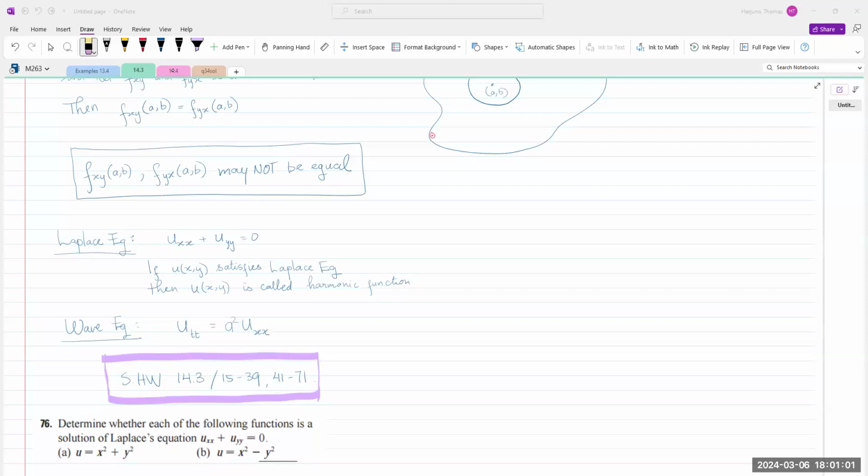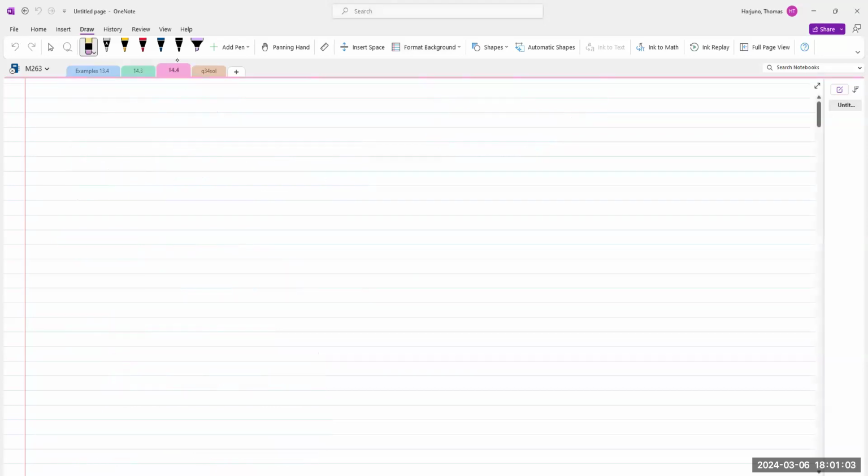We'll continue with section 14.4, and this section actually consists of only one main idea. But let me at least write it down first. Section 14.4 is on tangent planes and linear approximation.